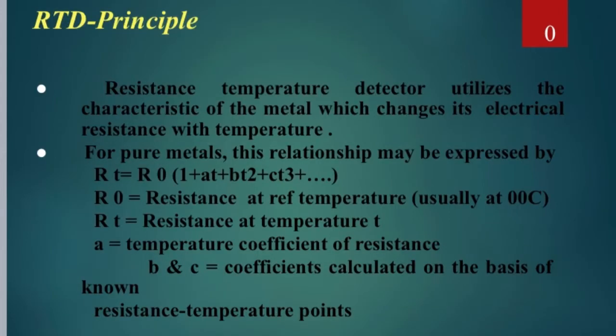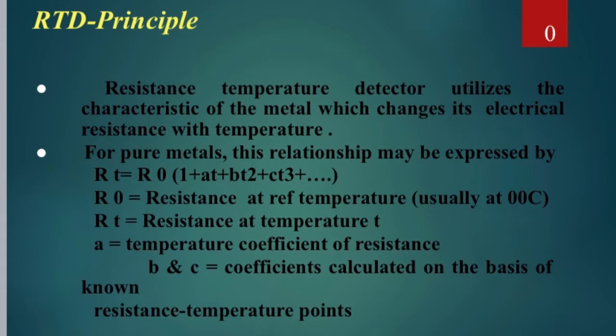RTD principle. Resistance temperature detector utilizes the characteristics of the metal which changes its electrical resistance with temperature. For pure metals, this relationship may be expressed by RT equal to R0 of 1 plus AT plus BT square plus CT cube plus etc., where R0 equal to resistance at reference temperature, usually at 0 degrees Celsius.